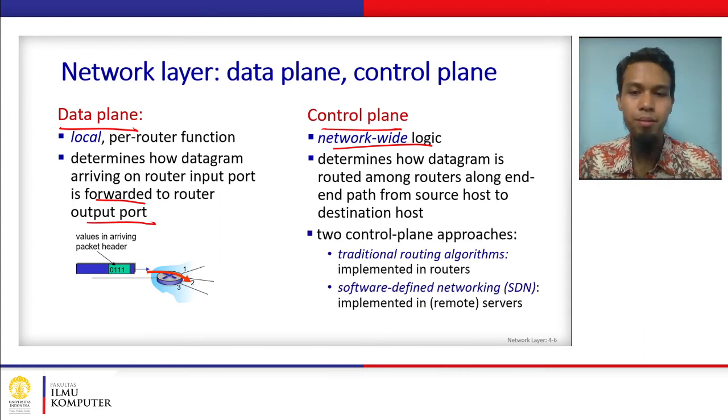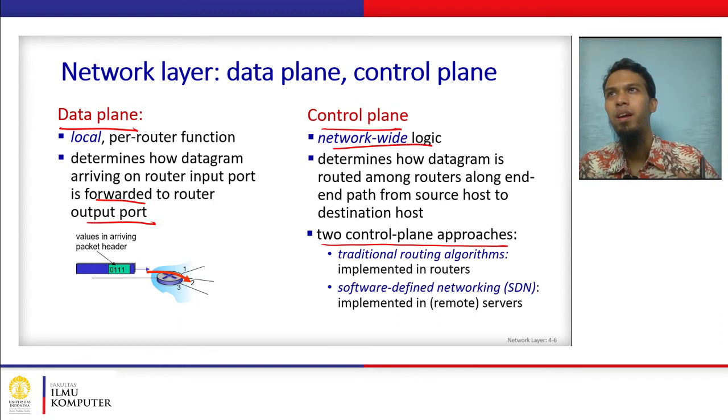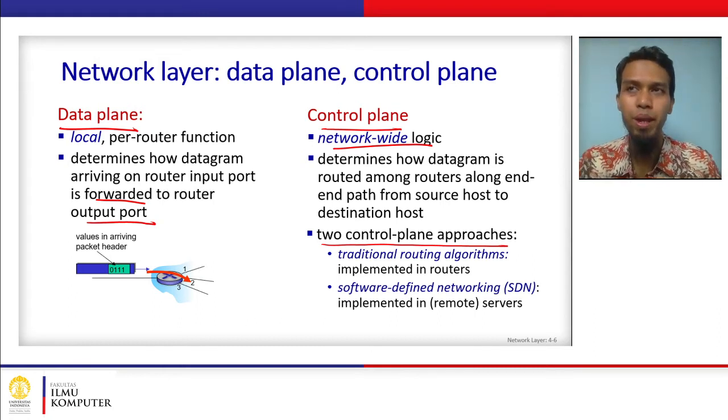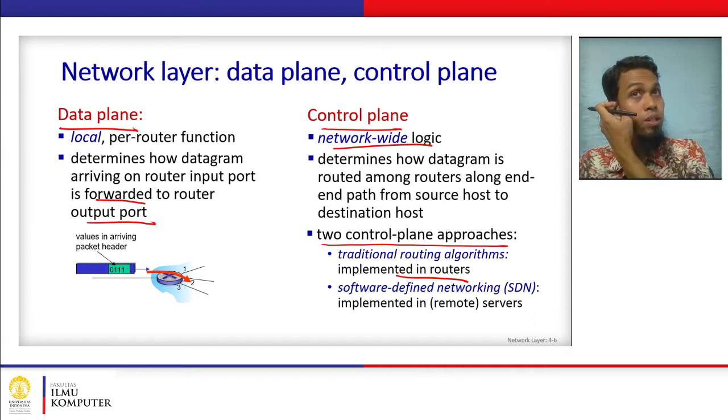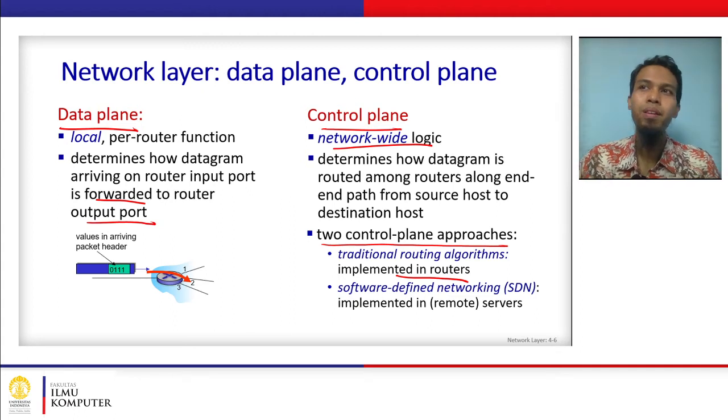Okay, then we come to two different approaches in the control plane. Especially in the control plane, it is about how the control plane and data plane are separated. In the first approach, the traditional routing algorithms are implemented in each router. So the router has all the functionalities, even the routing algorithms.